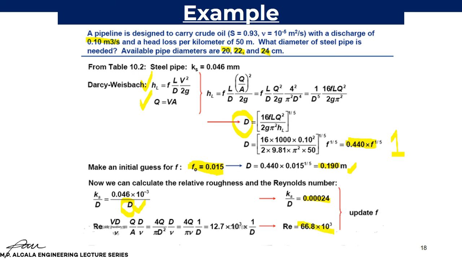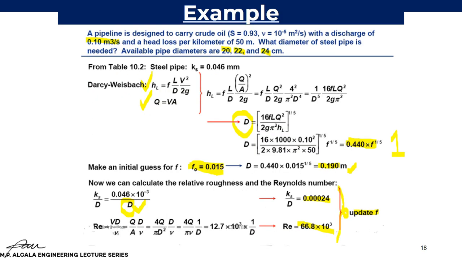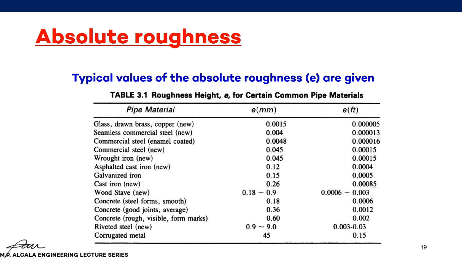So using these terms, from the Moody diagram, which is a function of the roughness and the Reynolds number, we can have an updated assumption for the friction factor, right? So let's look. By the way, class, the roughness for the steel pipe is assumed here to be 0.046. So that will be here.